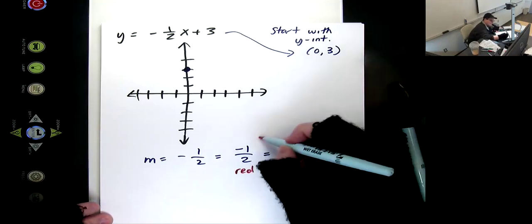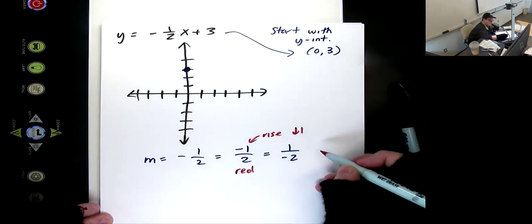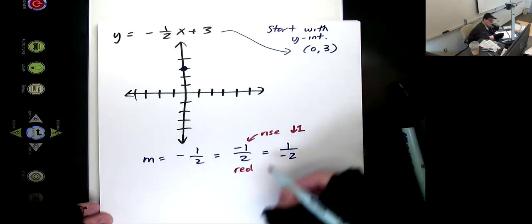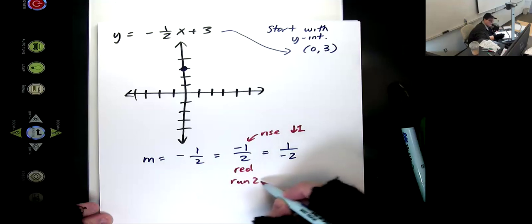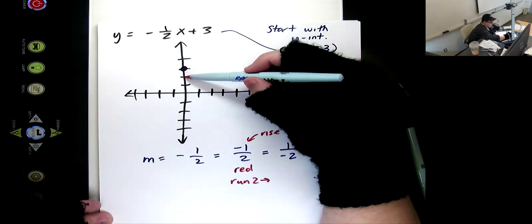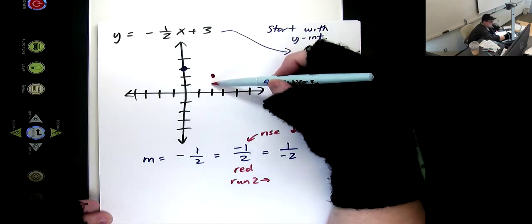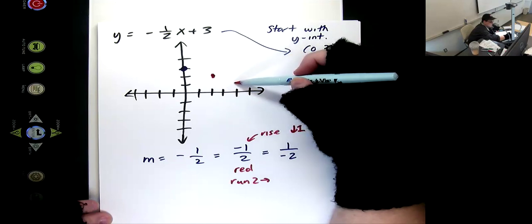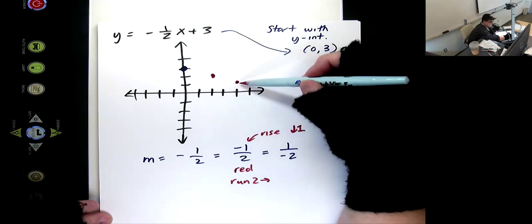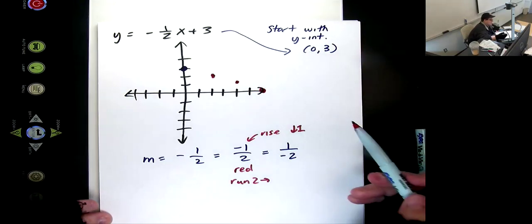So a rise of -1 means down 1, and a run of 2 means right 2. So I'm gonna go down 1 and right 2, and put a point. Down 1, right 2, put a point. Down 1, right 2, put a point. You can keep doing it.